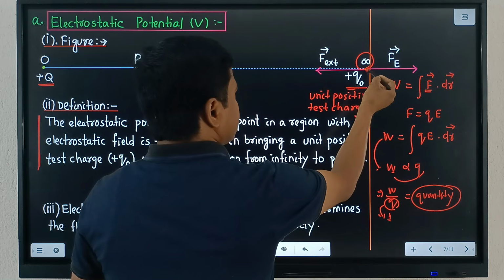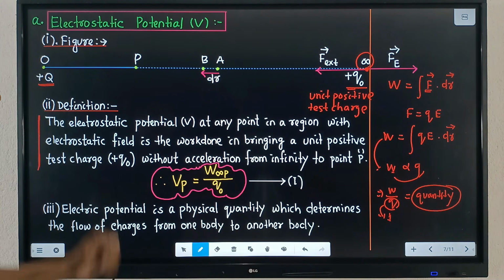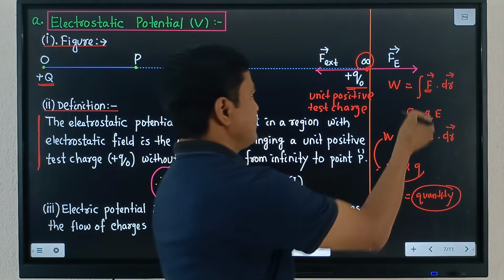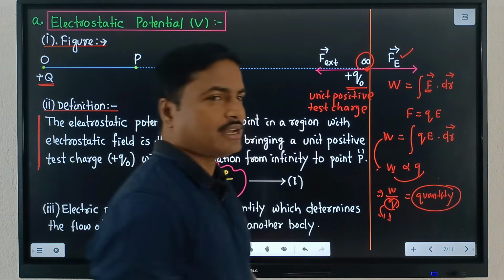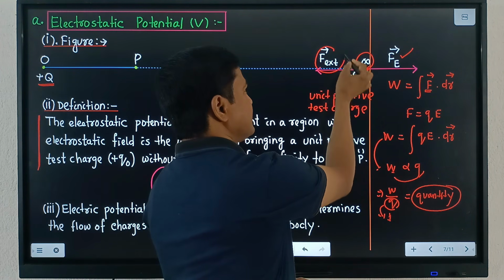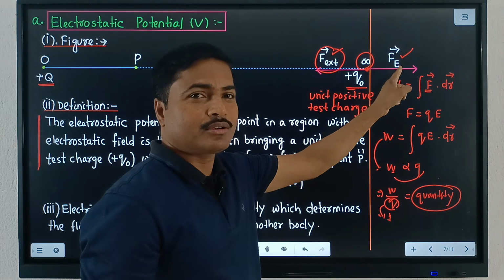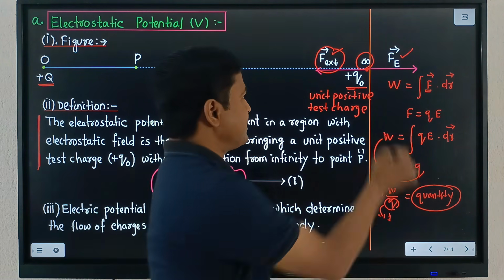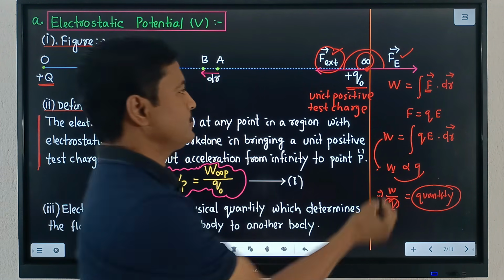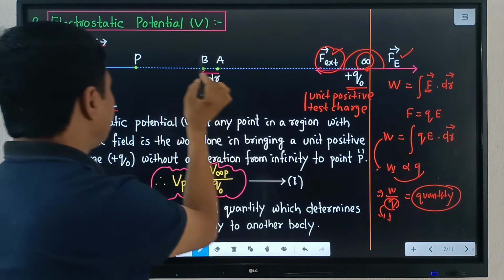Here force is applied on this unit positive test charge because the source charge is positive and the test charge is also positive, so electrostatic repulsive force is applied, and here another external force is there. The magnitude of this external force is equal to the electrostatic force, and the direction is just opposite. Then the unit positive test charge starts to move from infinity up to point P.